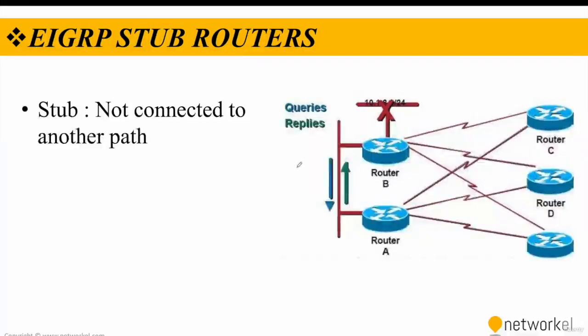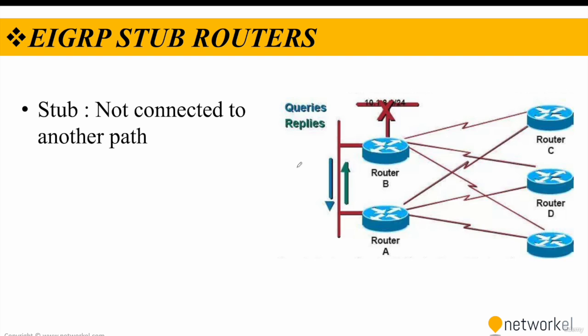Again, remember from the previous slide, if you want to limit the EIGRP query packets, one of the methods is the EIGRP stub. In certain scenarios, you can configure routers as EIGRP stubs to reduce the amount of routing information exchanged and limit the impact of queries. Stub routers only advertise a limited set of routes, which can reduce the query traffic sent to these routers.